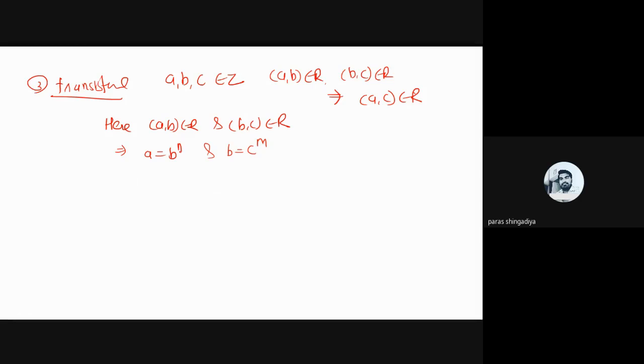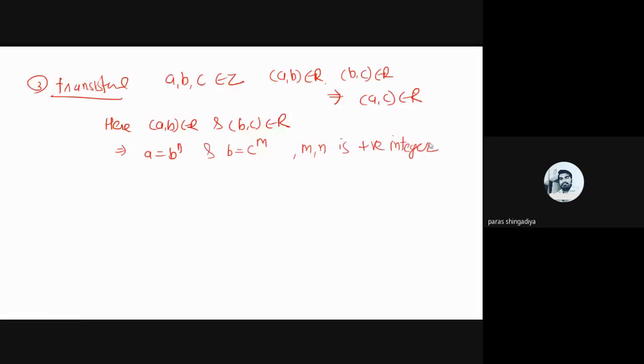Here m and n are positive integers. Therefore A is equal to B raised to n and B is equal to C raised to m.